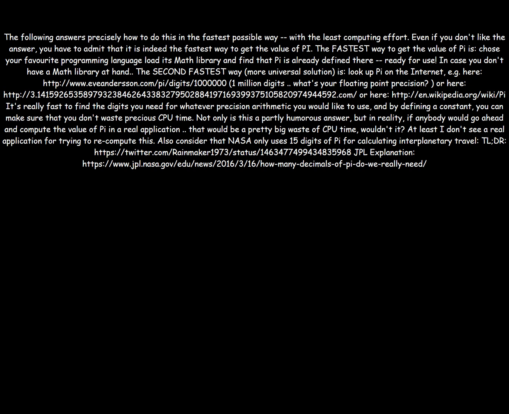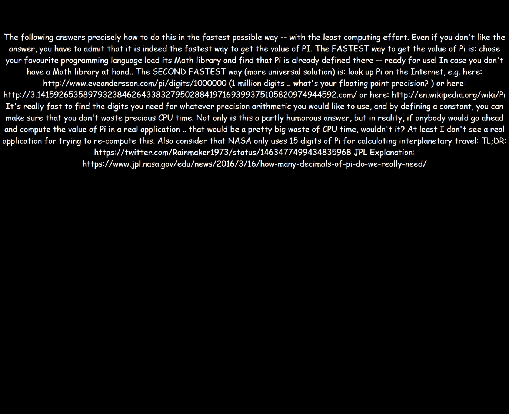In case you don't have a math library at hand, the second fastest way, a more universal solution, is to look up pi on the internet, e.g. here, www.evanderson.com/pi/digits/1000000, 1 million digits. What's your floating point precision?